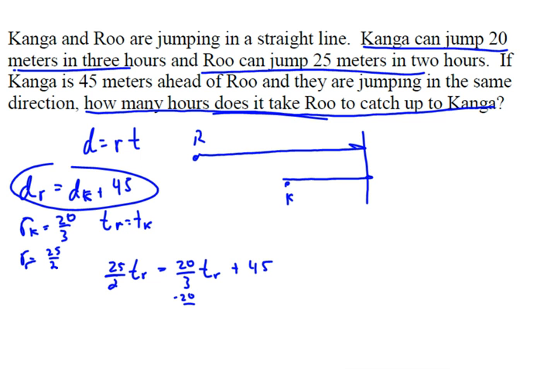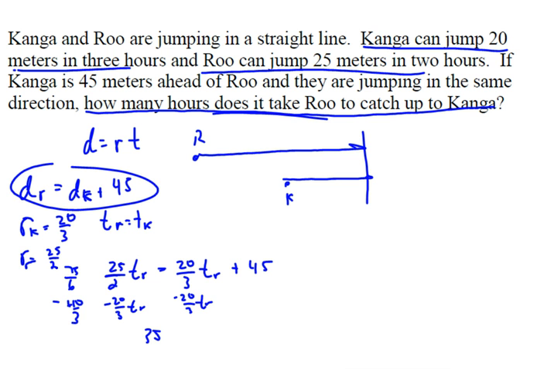I just need to subtract 20 time of Rue from both sides. So I'm going to do a common denominator of 6, so 75 over 6 minus 40 over 6, and that's going to give you 35 over 6.